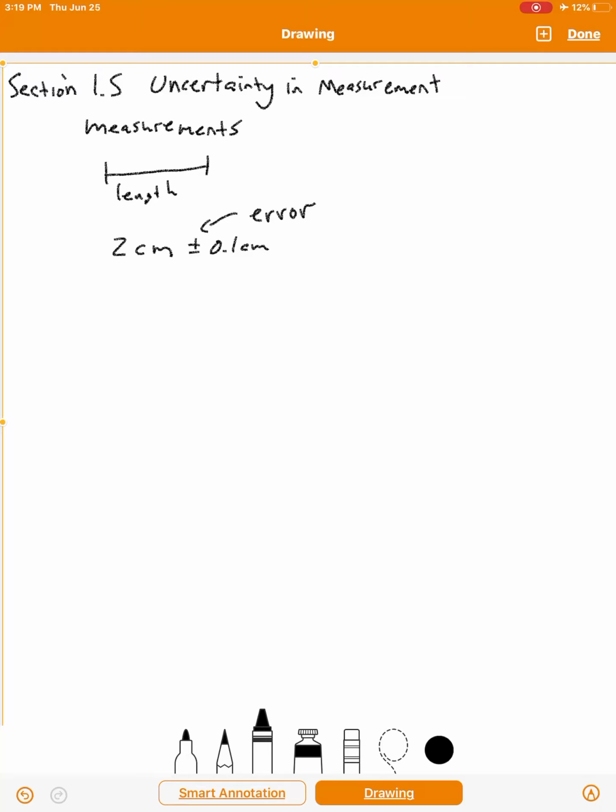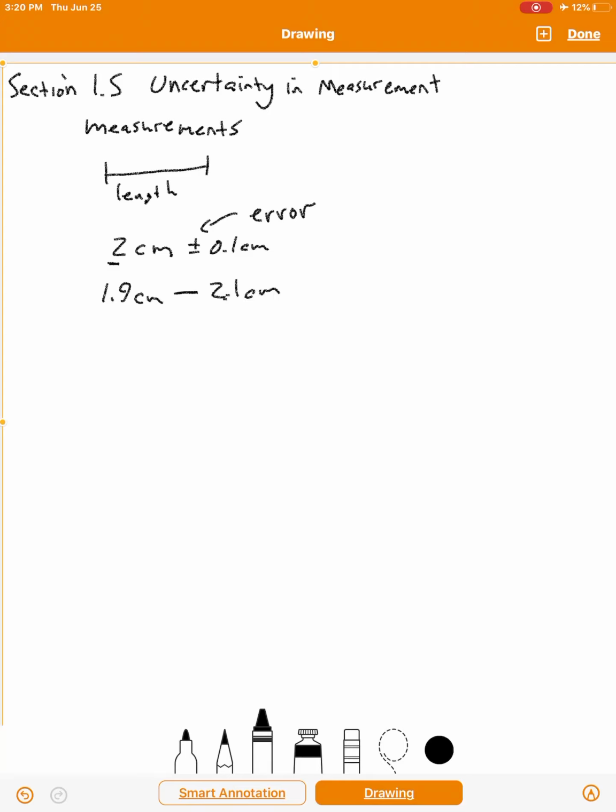plus or minus. And what that means is you take the number, the measurement, and you subtract the error. So 2 minus 0.1 is 1.9. And then you add it, which is 2 plus 0.1, which is 2.1. And you report a range.